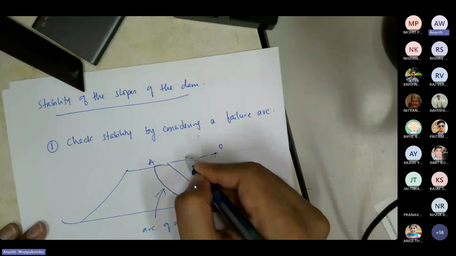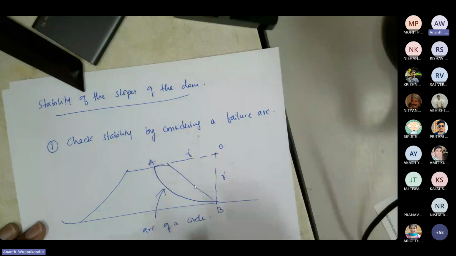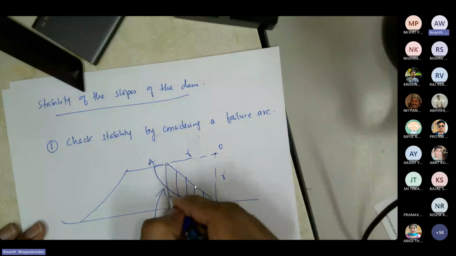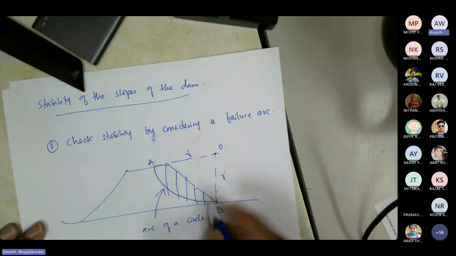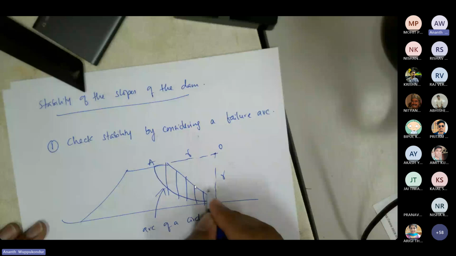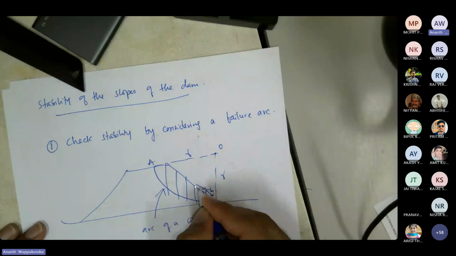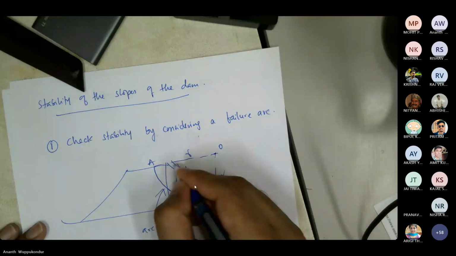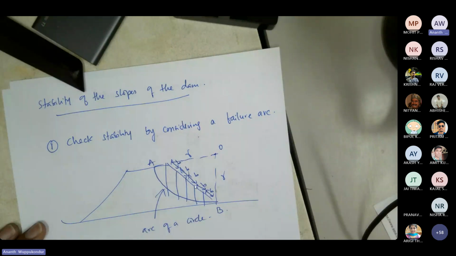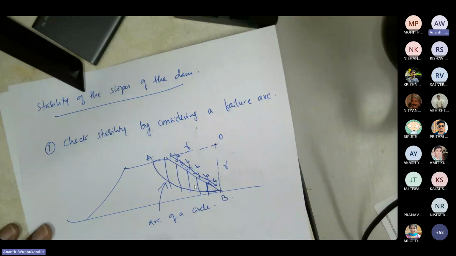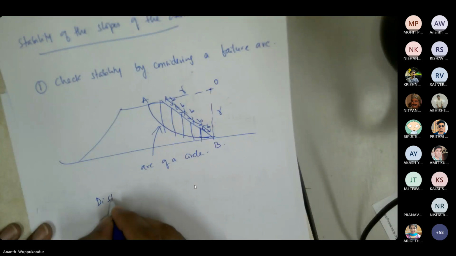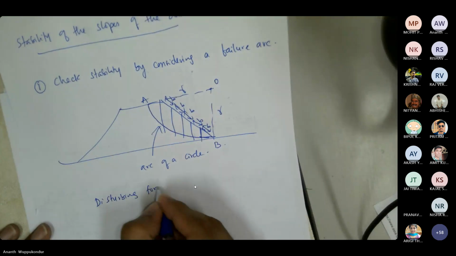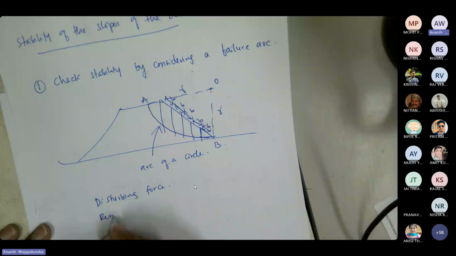And then we divide this arc into multiple segments. Generally these segments would be of the same width. So if I say this is B, then this would also be B, B, B, again B. Then for each of these segments, we calculated what is the disturbing force and what is the resisting force.